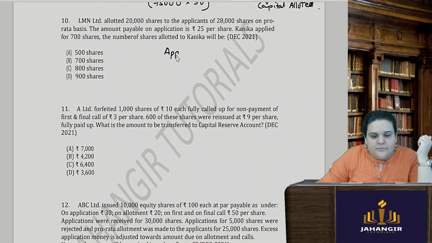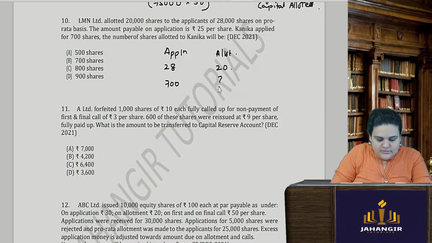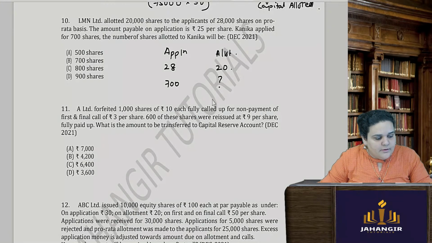See, application and allotment ratio is 28:20. Kanika had applied for 700 shares. How much must she have got allotted? So 700 into 20 divided by 28. She was allotted only 500 shares. This is the answer.